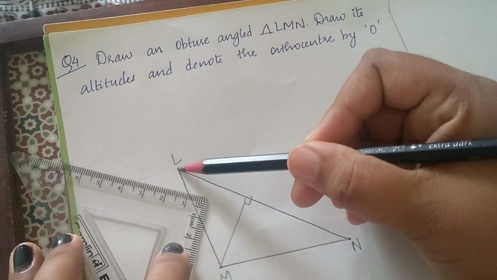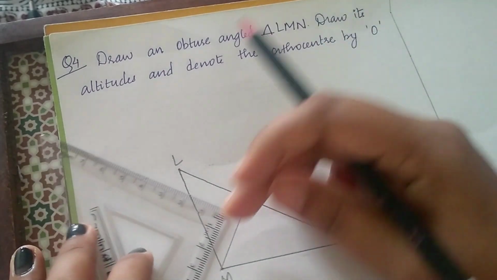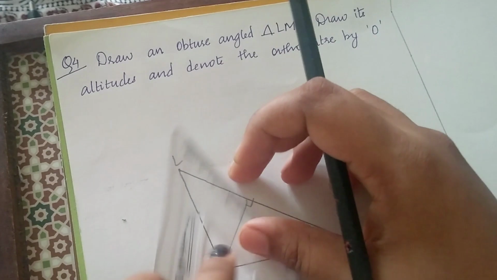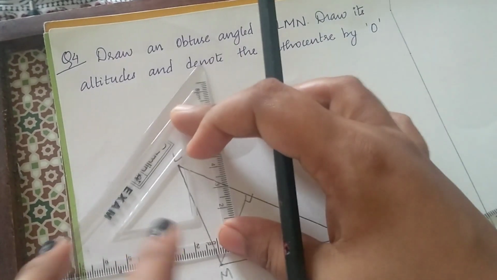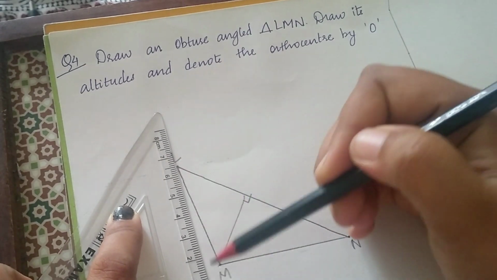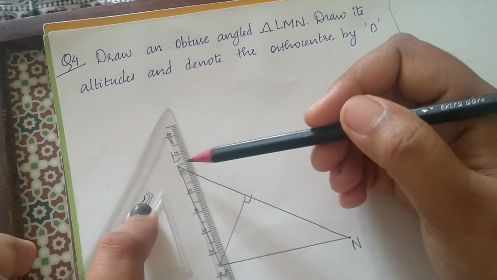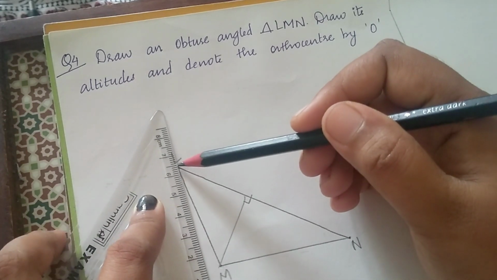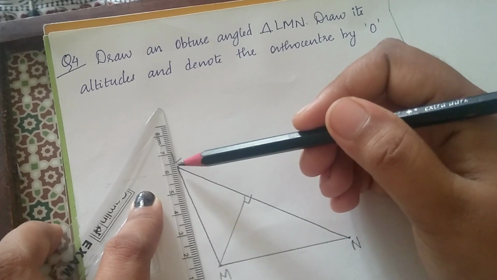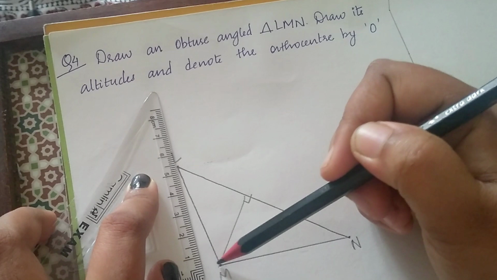Now we have to find the altitude from the vertex L to MN. How are you going to find it? Students, just see, when I place it over here, I am getting it this side, correct? So nowhere can I make the perpendicular line. It will always come outside in the obtuse angle triangle. We have already seen that. So here I need a side, correct?